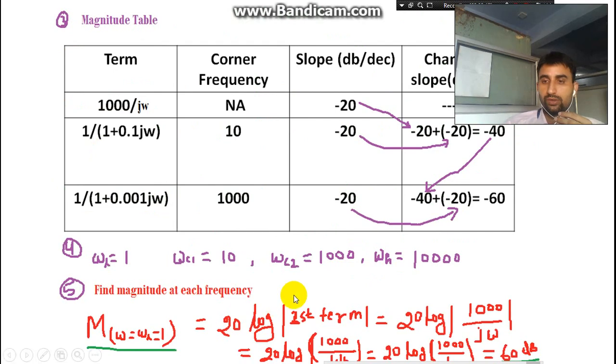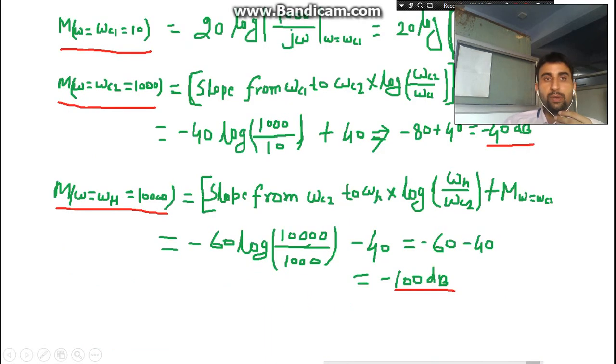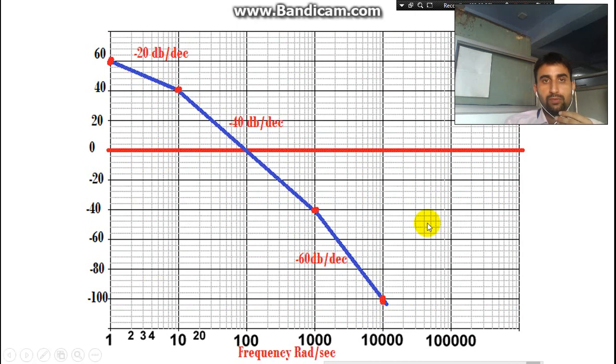Now put these values in a similar fashion to what we have found out: at omega l equal to 1 we put 60 dB, at omega c1 we put 40 dB, at omega c2 we put minus 40 dB, and at omega h we put minus 100 dB. One more thing is that the frequency part has to be started with your lowest frequency only.